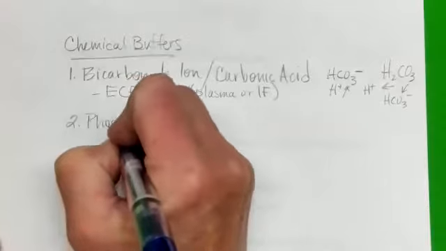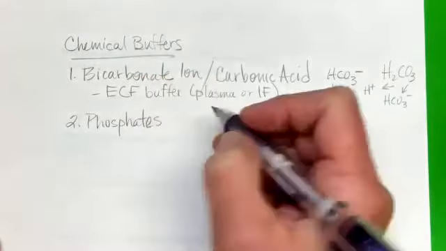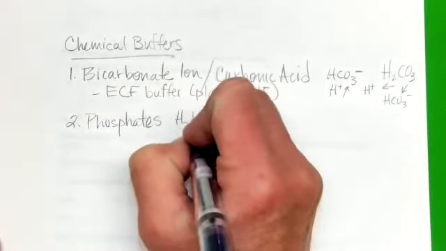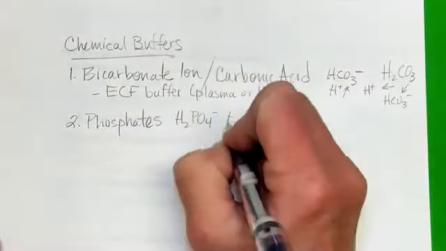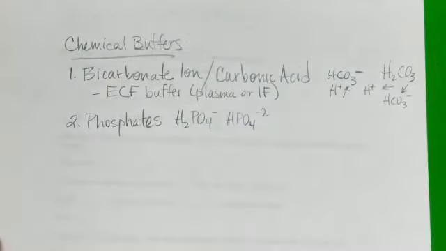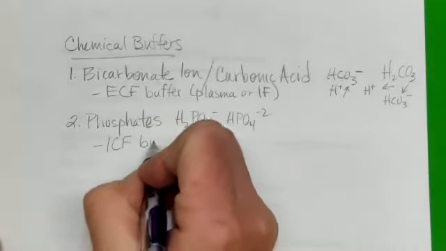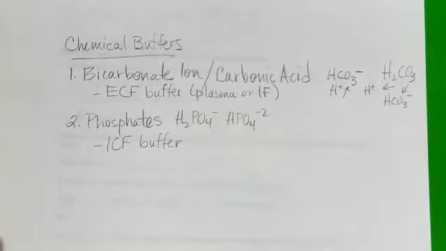So then we have phosphates. HPO4 minus 2, those are going to act as buffers for our intracellular fluid. Okay, so inside of the cell, they will act as the buffers.